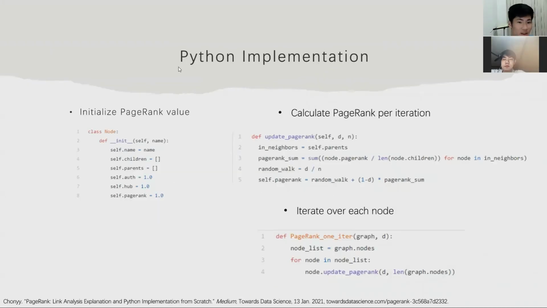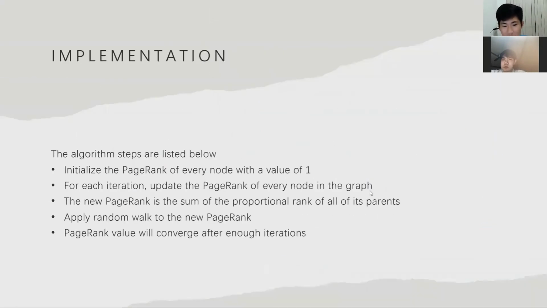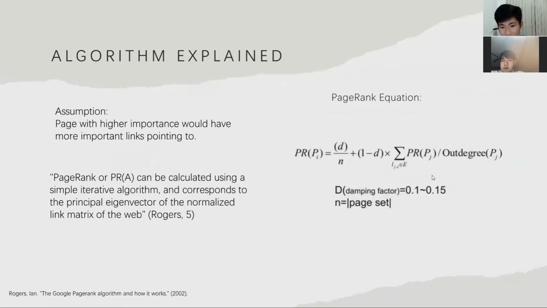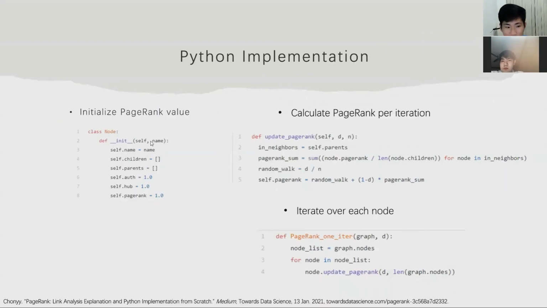So shown on this slide is a Python implementation of the PageRank algorithm, and you can actually see quite clearly that this code simply follows the steps that I said on the previous page, and it's simply putting this mathematical equation into Python code.